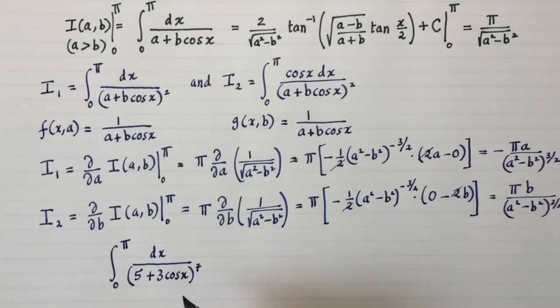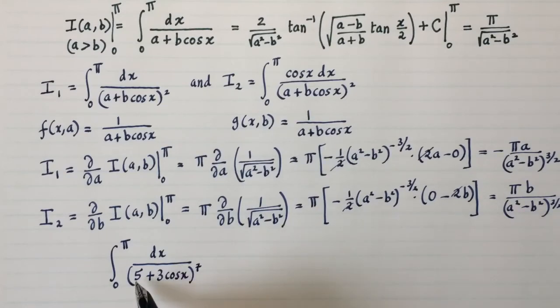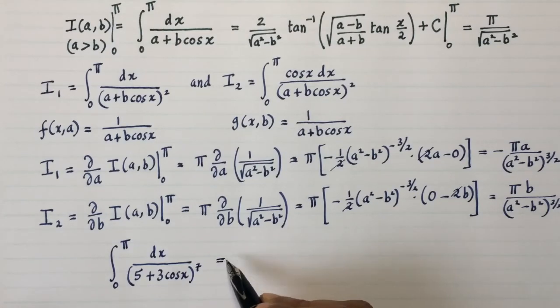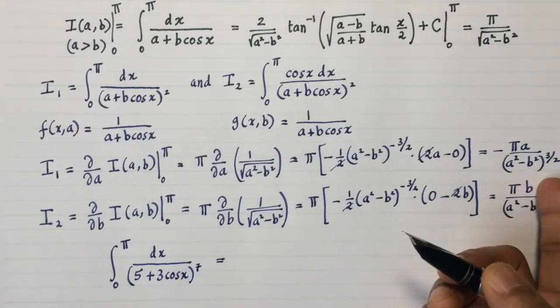You just do del by del 5, okay? Or if that makes you uneasy because 5 is not a variable, you can call it a and b, and then at the end you can put a equals 5 and b equals 3. All right? So I just want to show you how to do this. So if you do this once, you're going to get to the power 3/2.